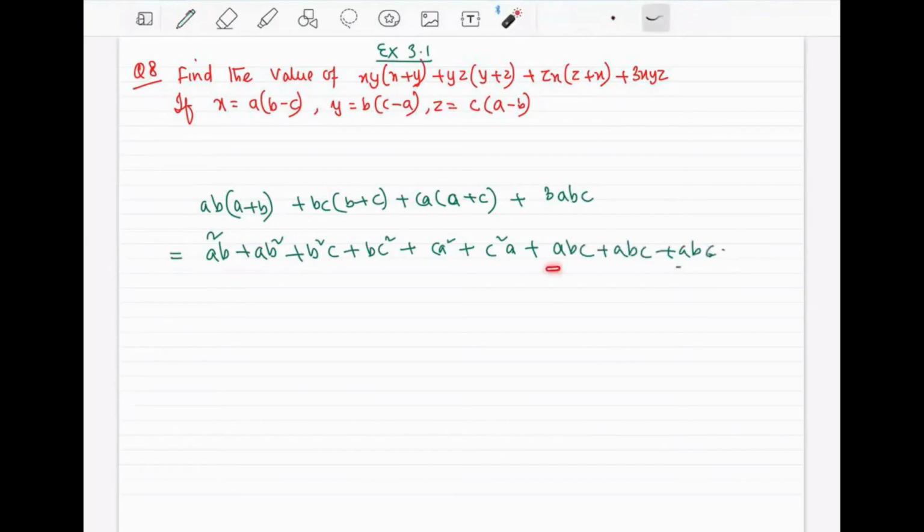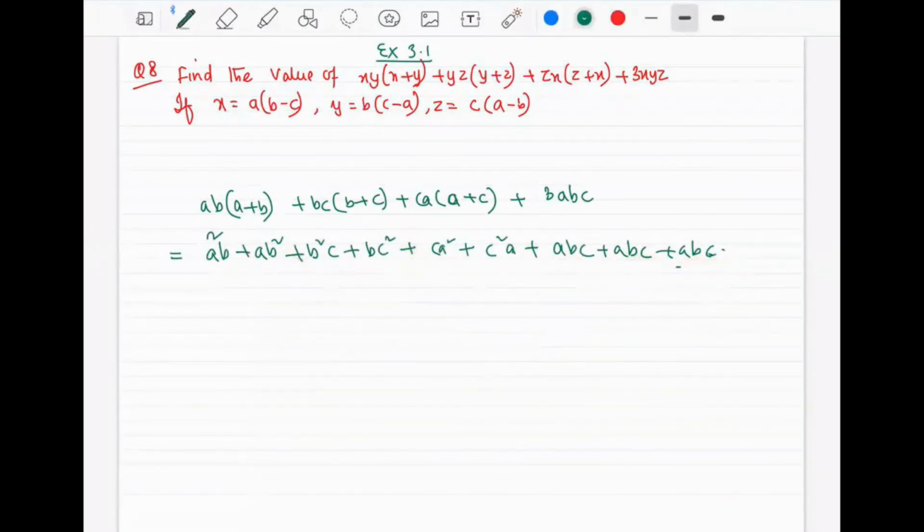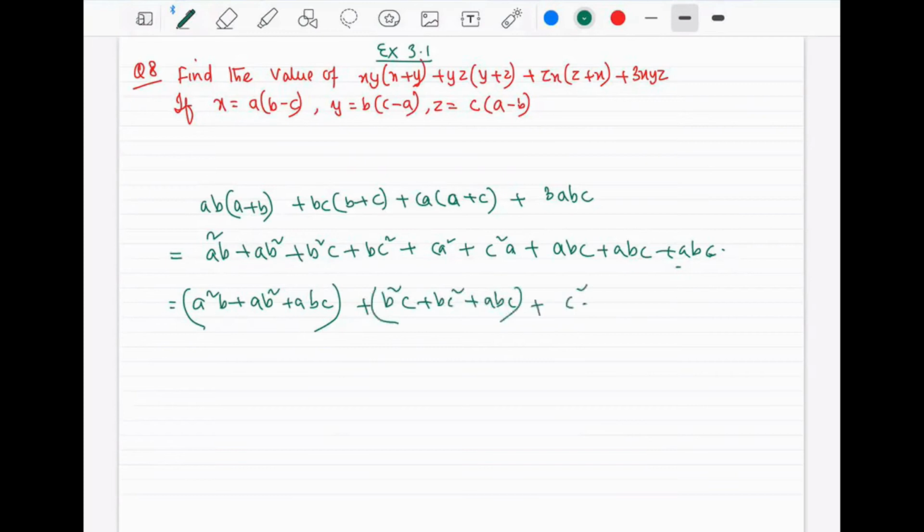Then we put each of these parts in between here, one here, one here, one here. And then what we obtained was a square b plus ab square plus abc. I'm putting them inside bracket. b square c plus bc square plus abc. c square a plus ca square plus abc.